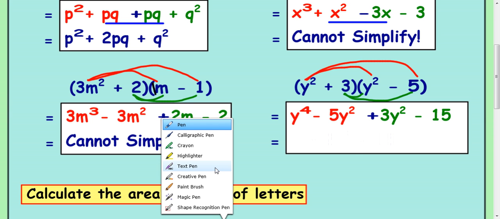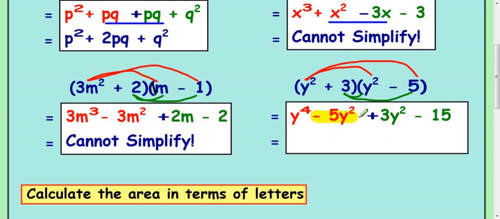So just this wee bit in the middle to deal with. These are the same terms, so I've got y squareds and more y squareds, so I can collect them up. So y to the power 4 stays the same. Negative 5 add 3, so that's getting closer to the 0. So negative 5 add 3, it's going forward, gets to negative 2y squared, and then I take away 15 to finish off.